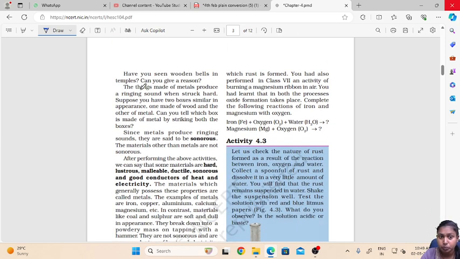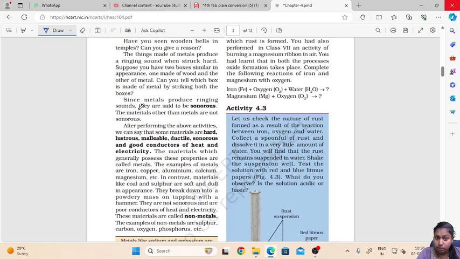So the things made of metals produce a ringing sound when struck hard. The metals give a very huge sound when we strike them harder. Since the metals produce ringing sound, they are said to be sonorous.